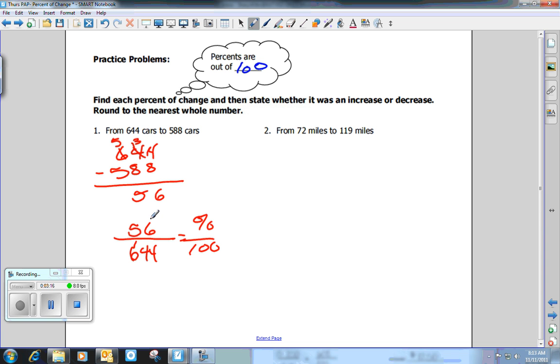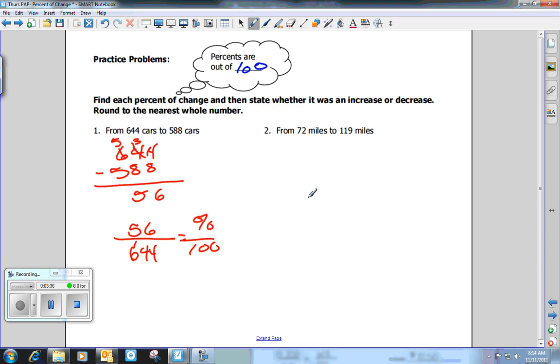Okay, then I would take 56 times 100, 5,600, and divide it by 644. Now remember, you're going to be using a calculator. So 56 times 100, I'm doing on my calculator, is 5,600, and divide that by 644.